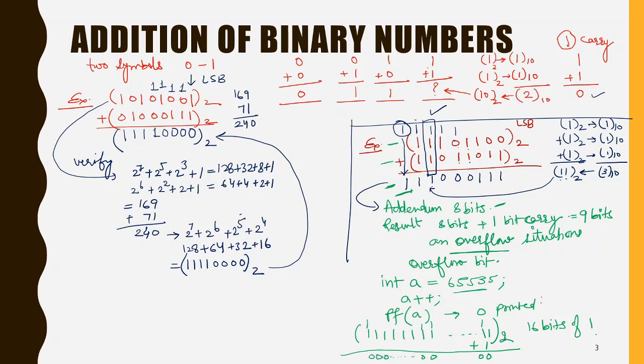And in the last, when 1 plus 1 becomes 0, there is an extra carry which is added in the last part, and this is actually the overflow bit. If you see the 16 bits which go from here to here, this returns 0 as the decimal value.